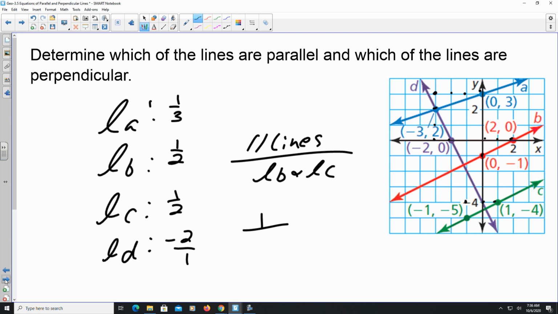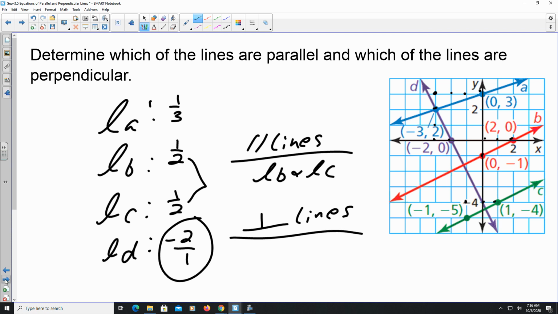For perpendicular lines, if you notice, if I took -2 and multiplied it by 1/2, my result is going to be -1. So I could say that line D is not parallel, but perpendicular, to line B. So line D is perpendicular to line C, and line D is also perpendicular to line B.